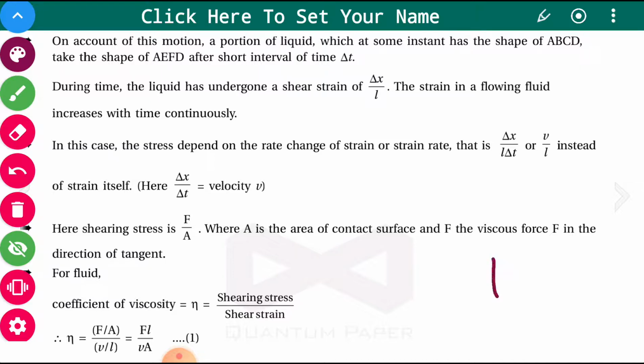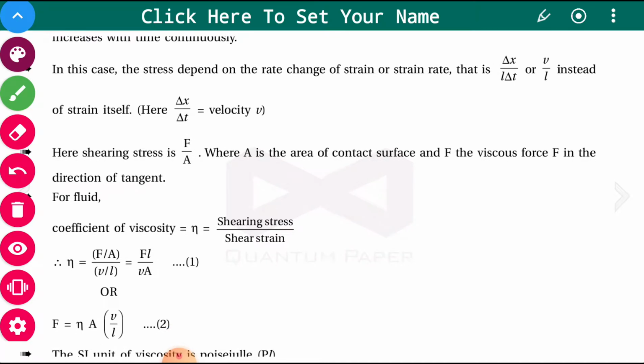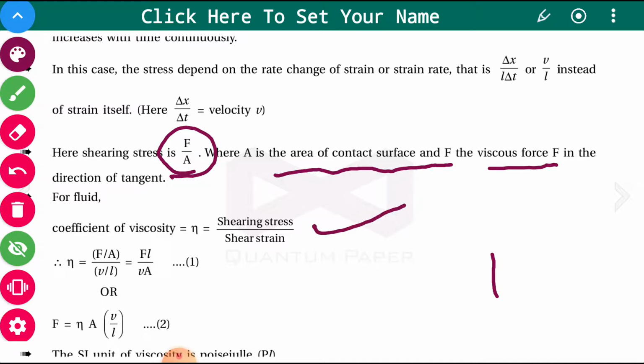Here, shearing stress is force upon area, F upon A, where A is the area of the contact surface and F is the viscous force. Now, the coefficient of viscosity, like the modulus of rigidity, is taken as shearing stress upon shearing strain.